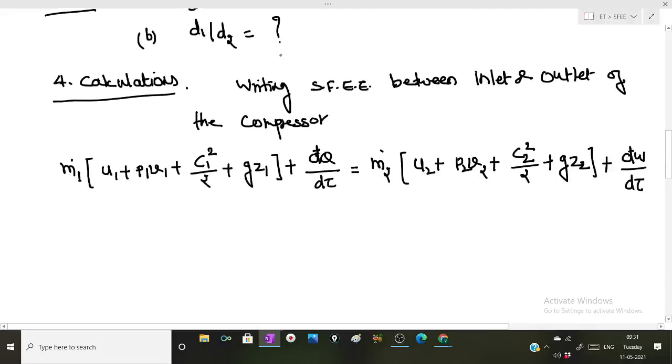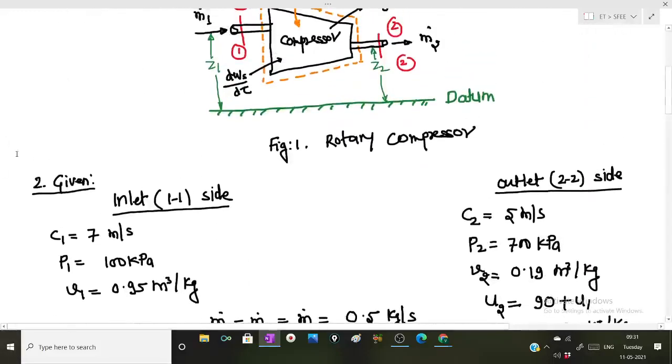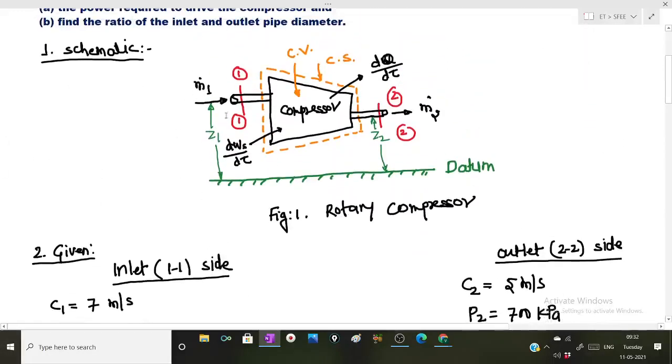Okay. Now in this equation, m1 dot is equal to m2 dot, let's say m dot, because it is given in the problem that it is a steady flow. So we can consider m1 dot is equal to m2 dot is equal to m dot in this equation. Second thing, nothing is mentioned about at what height the inlet of the compressor and outlet of the compressor will be.